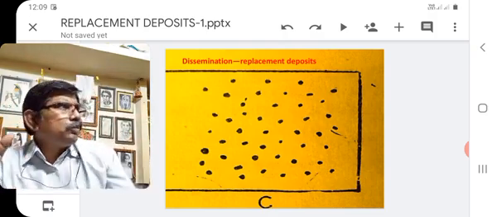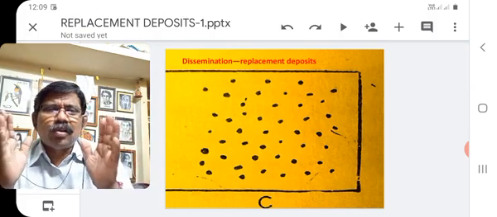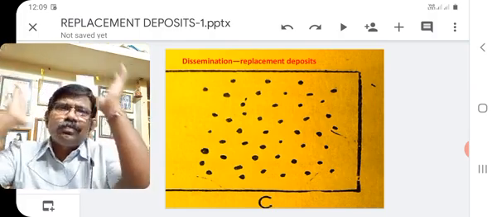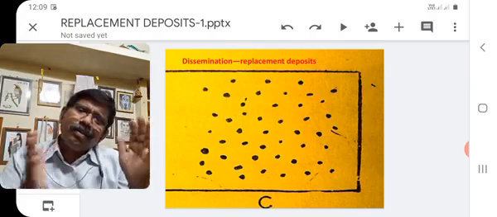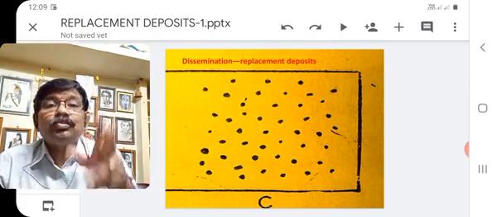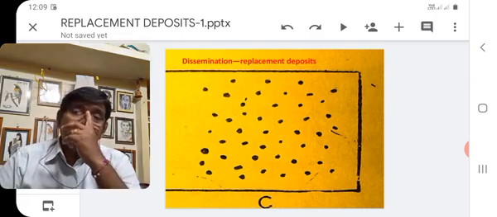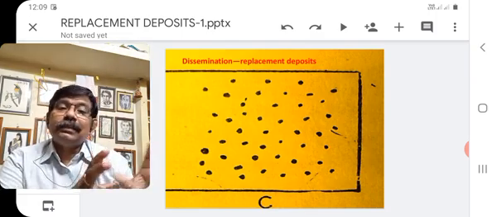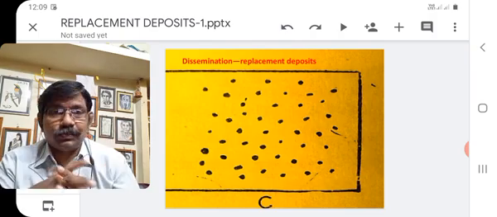Suppose you keep all your books on one shelf only, all of one type. Like that, ore shoots means they are enriched with the deposits. Those are known as ore shoots in the rocks.